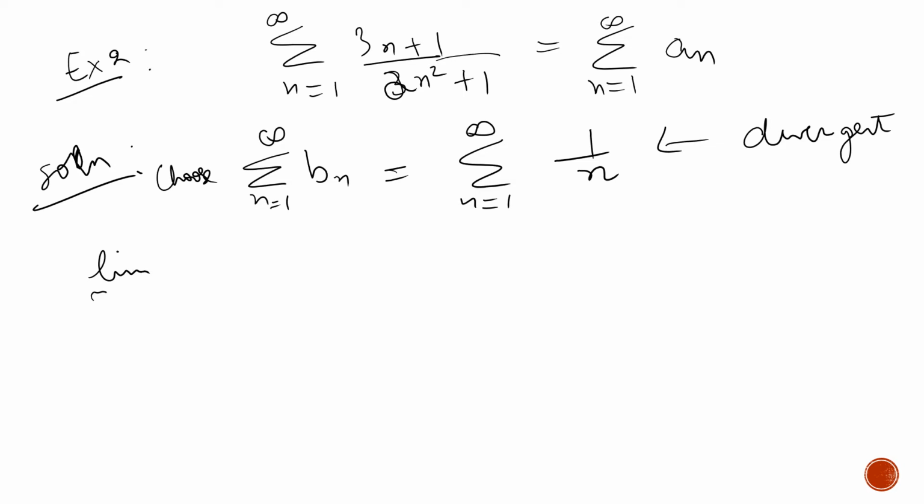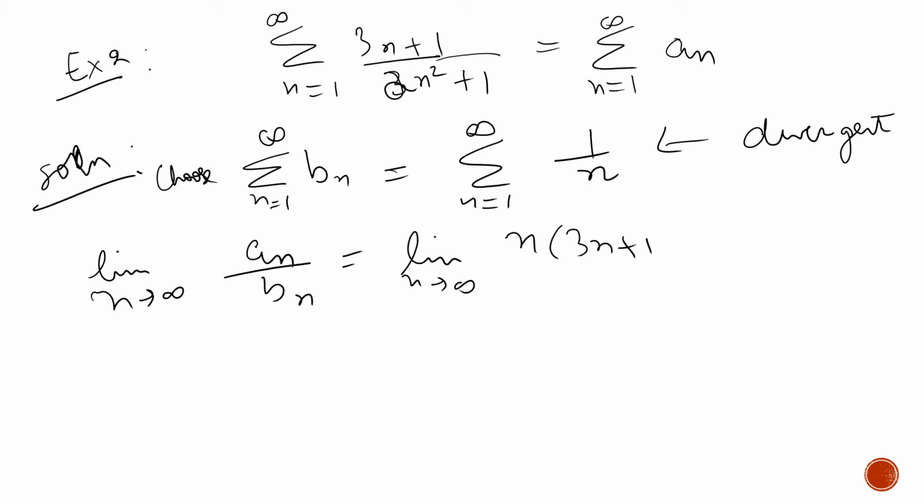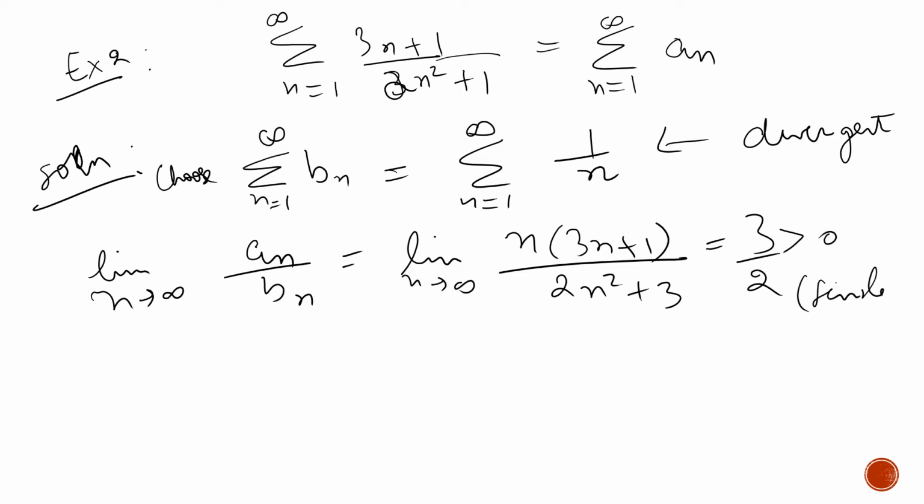Now if I put limit n tending to infinity an by bn, this comes out to be equal to 3 by 2, which is again greater than 0 and finite. So what can I say, that whatever will be the nature of this will be the nature of summation of an.